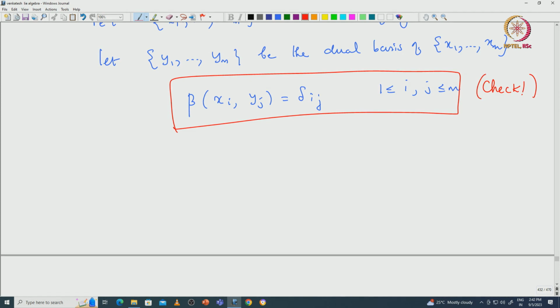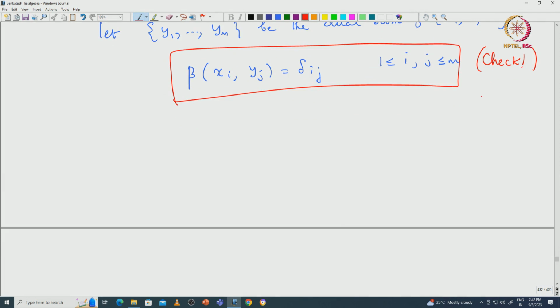Now we will use the associativity of beta and try to construct this Casimir element, which is an element inside the endomorphism of V, which commutes with the action of G. So, what is the Casimir element? Let me first define. The Casimir element of this representation pi is denoted by C pi of beta.